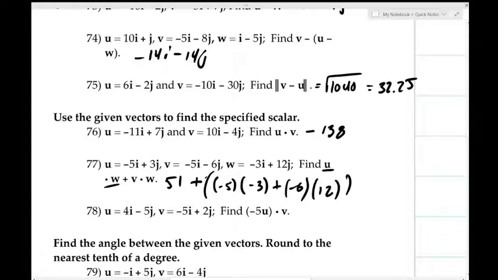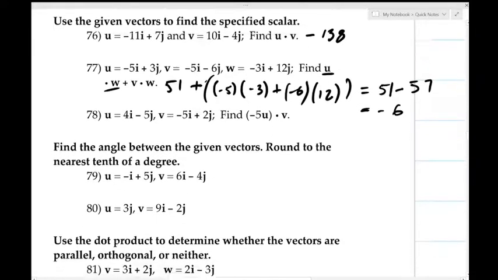So negative 5 times negative 3, all of that inside the parentheses, plus negative 6, 12, and we get negative 57. So 51 plus negative 57 gives us negative 6. Okay. We'll skip 78 since it's very similar.